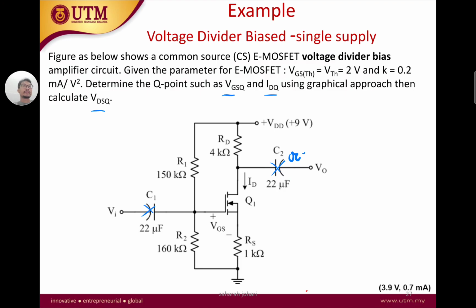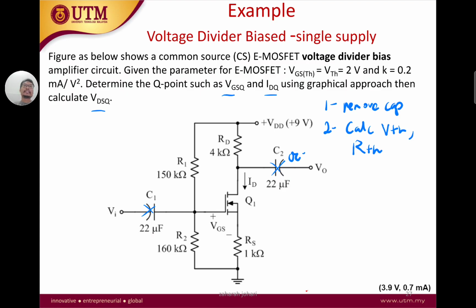Step number two, we identify it is a voltage divider bias. So the first step is remove capacitors. Step number two, calculate VTH and RTH, where TH is your Thevenin, not the threshold.